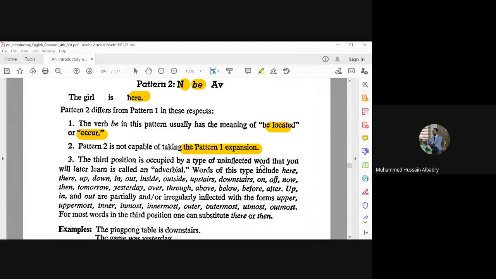Okay. ما تصرف. بيسموه adverbial ظرفية. Then the adverbs: down, in, out, inside, outside, upstairs, downstairs, on, off, now, out. Okay. Otherwise, for example, innermost, outer. Also, then and the.